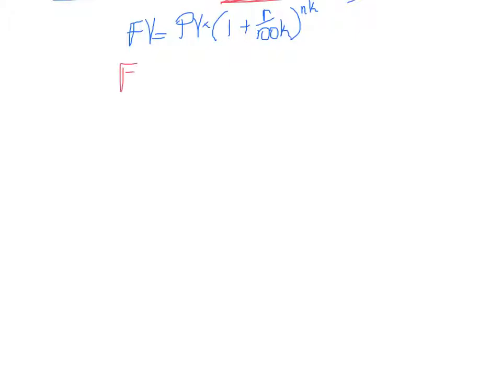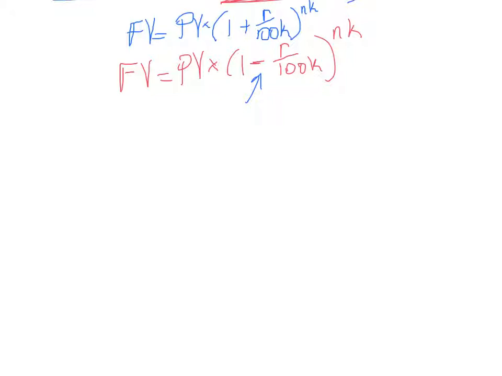It is still FV equals PV times 1 plus, actually, that's where the change comes about. It's no longer plus. 1 minus R over 100K to the NK. So for depreciation, since the value is going down, the sign in the formula changes to a negative.